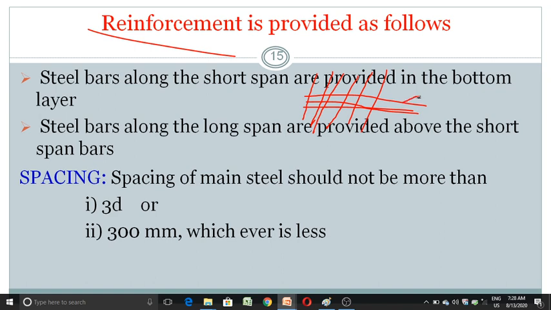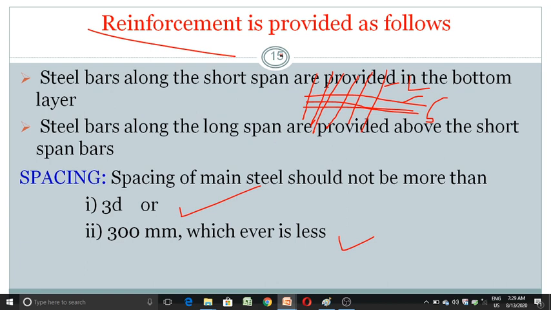So generally the bottom reinforcement is in the shorter direction and the top reinforcement is in the longer direction, right? And the spacing to be maintained for this main bar should be 3d or 300 mm, whichever is less. So among these two values, the minimum value will be provided as the spacing.